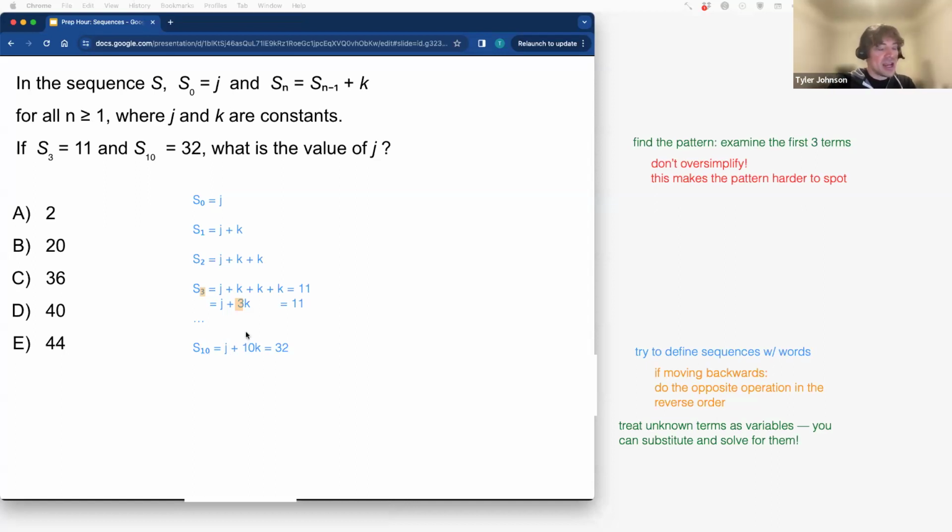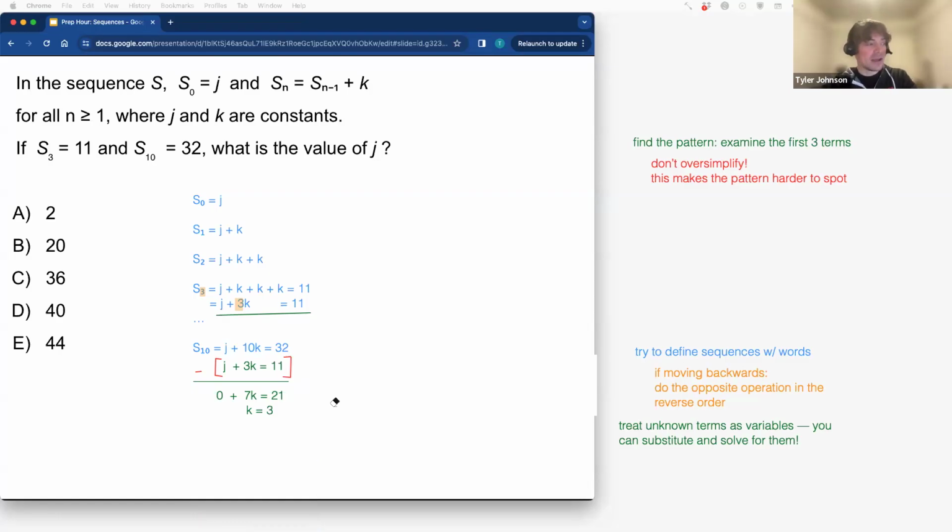So to solve for j, what I'm going to do is take this information that j plus 3k is equal to 11, and I'm just going to line that up directly under that blue information I have about S sub 10. Because now if I subtract these two equations, the j terms will just go away, leaving me with 7k is equal to 32 minus 11, which is 21, which means k itself is 3.